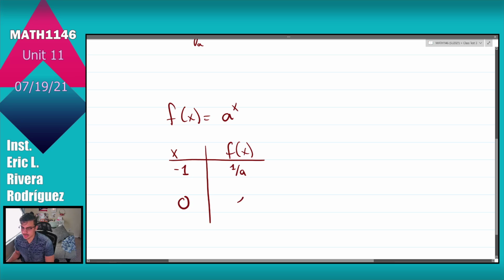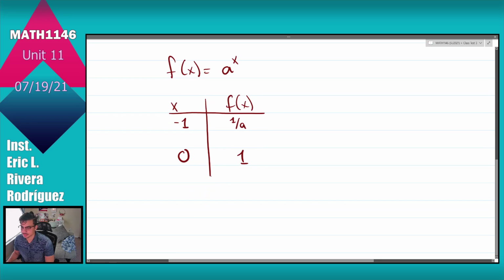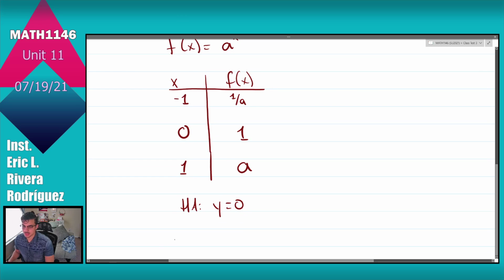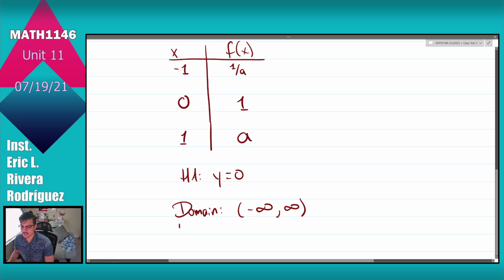When x is equal to 0, we have 1. And when x is equal to 1, f of x is just a. We have a horizontal asymptote, y equals 0. The domain of the exponential function is the real numbers, but the range is from 0 to positive infinity.